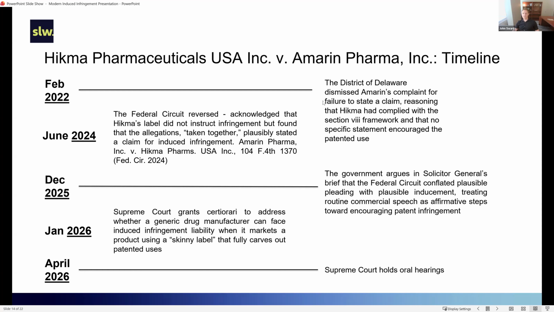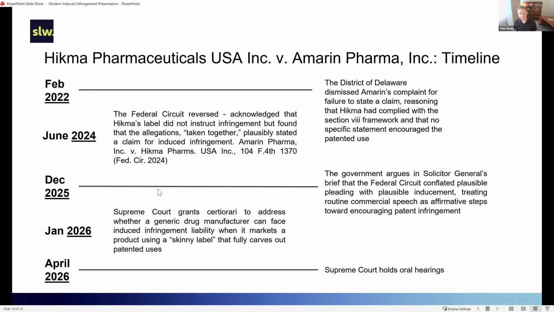What has been interesting, though, unlike the GSK case, is that the Supreme Court actually did grant certiorari here. Again, the Solicitor General submitted a brief that challenged the views of the Federal Circuit, just as the Solicitor General did in the GSK case. So in both of these cases, the government is providing input.